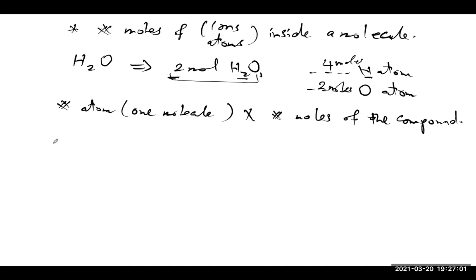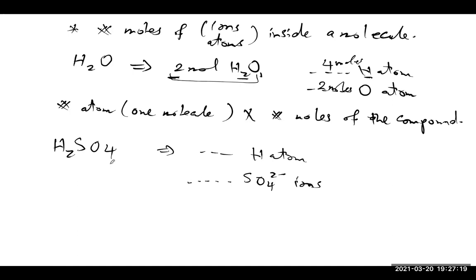Also, he could ask about something like H2SO4, and he could ask you about the number of moles of hydrogen atoms, or the number of moles of SO4 2- ions. He will give you that the number of moles here is 3 moles of this compound.